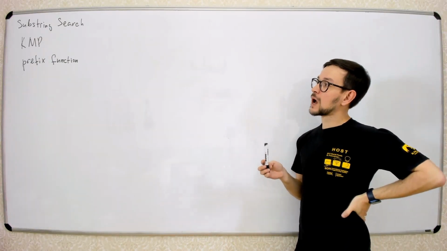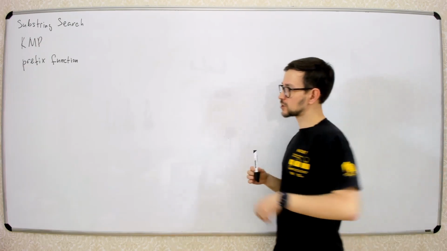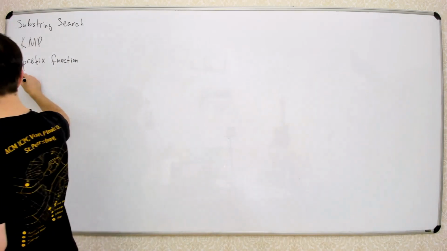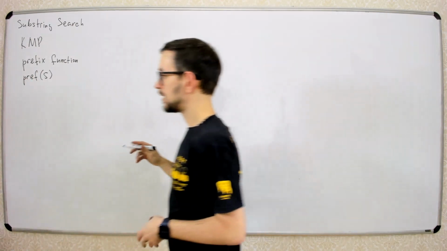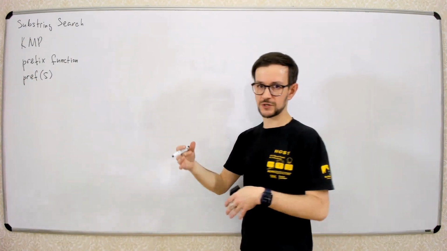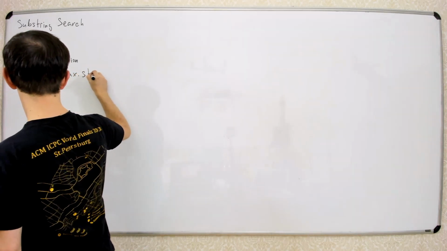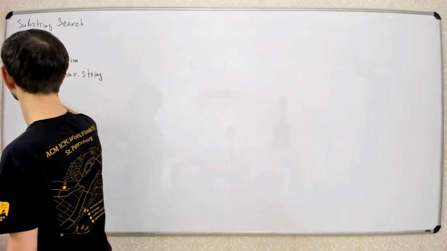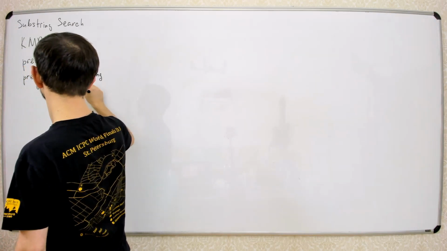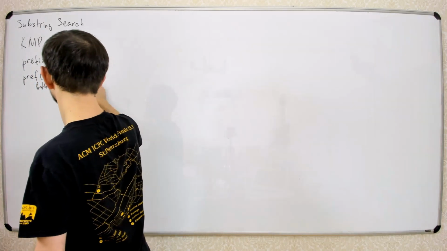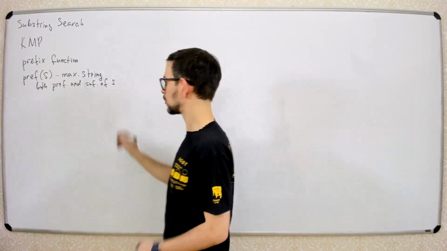So what is a prefix function? Prefix function is a very simple thing. Let's call pref of s the largest string which is both a prefix and a suffix of s, and not equal to s.